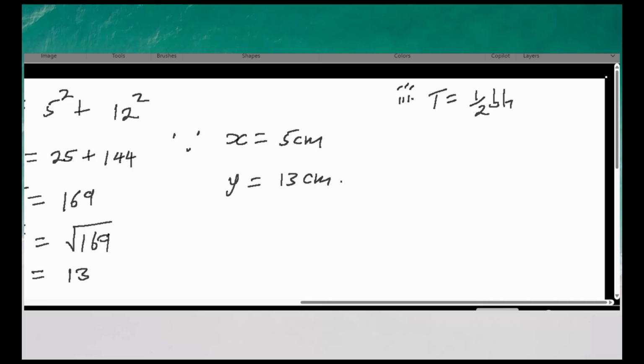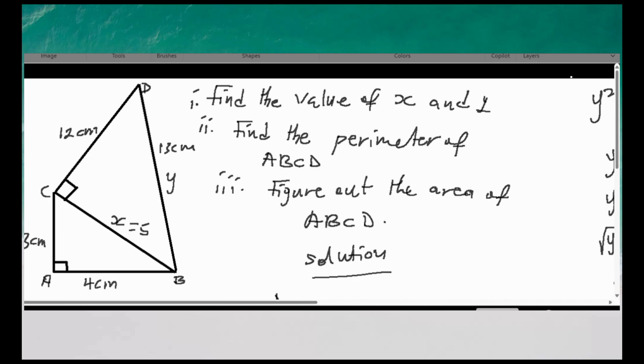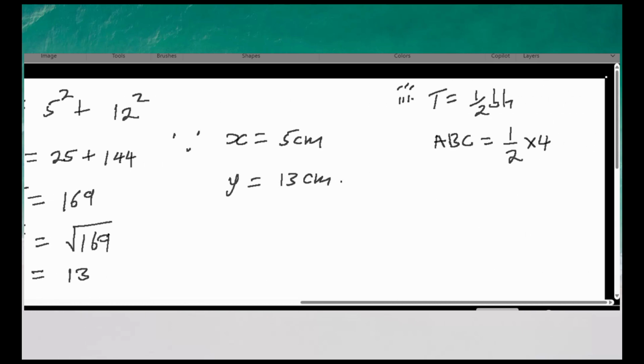Okay, so we're looking for the area of triangle ABC, and the area of triangle ABC is going to have times our base, which is 4 centimeters, right? AB. Okay, let me write it like this. It's going to be half times AB times AC.